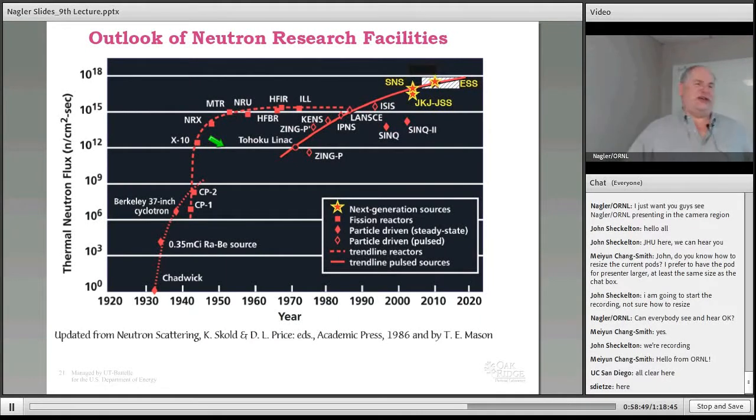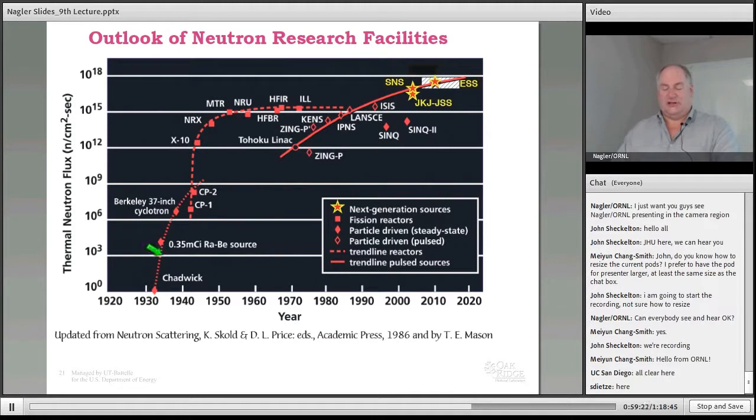Well, taking all that together, we have intense sources of neutrons. Here's a graph that has appeared many times in the literature that I absolutely do not like at all, but I'm going to show it to you anyhow. It shows how neutron sources have evolved as a function of time. On the left is plotted, logarithmically, thermal neutron flux in neutrons per square centimeter per second, and on the horizontal axis is plotted the year.